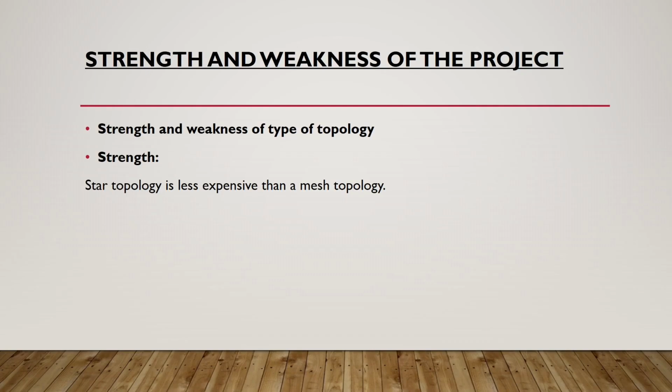The strength and weakness of the type of topology. Okay, the strength of the star topology is that it is less expensive than a mesh topology. For example, in a star, each device needs only one link and one input or output port to connect it to any number of others, which is easy to reconfigure and install.